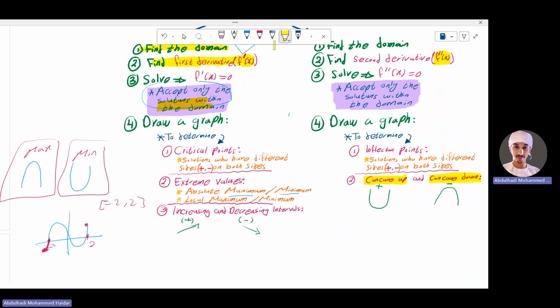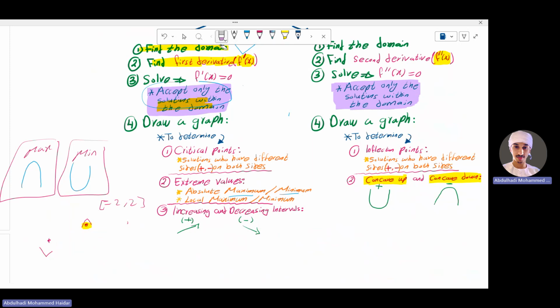Is this one a maximum or minimum? You just draw an arrow like this one. Is it going upward? Yes, so this is a maximum. And this one, you also draw an arrow, and it's going downward. So this is a minimum, okay?